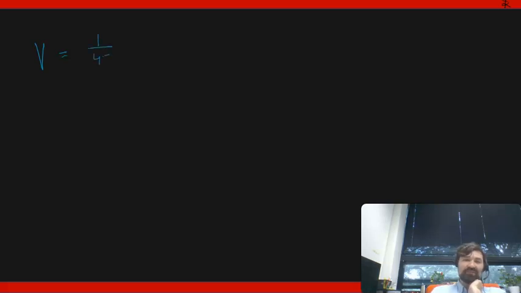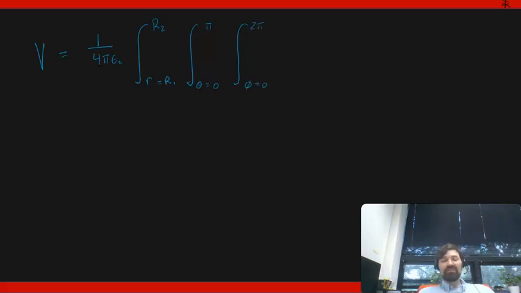So I've got 1 over 4 pi epsilon naught integral, and this could be my radius integral, going from r1 out to r2. Integral, this is going from theta equals 0 to pi, and integral, this is going from phi equals 0 to 2 pi. So this is my total volume integral.